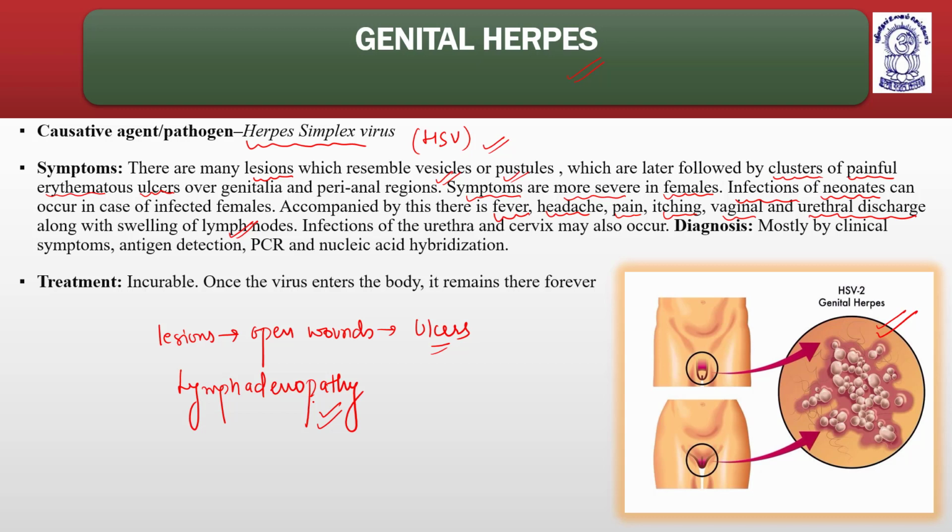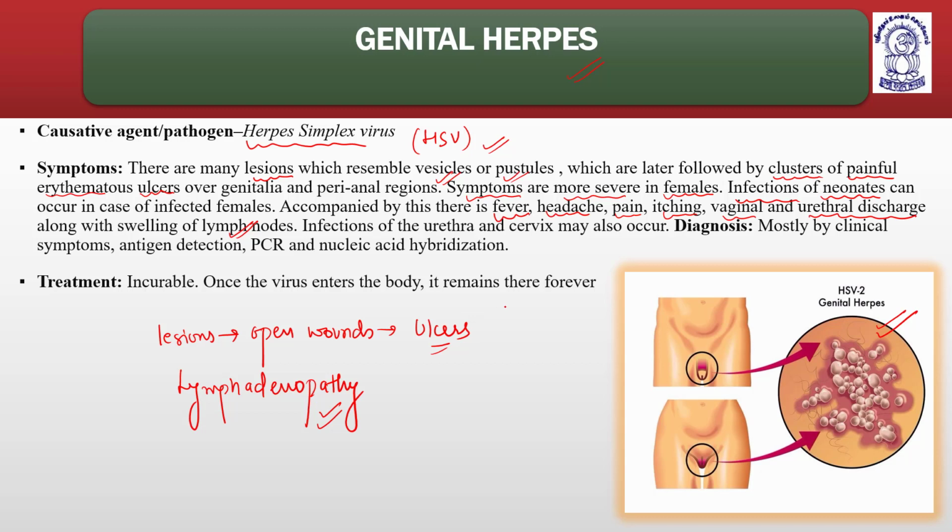Diagnosis is done by clinical symptoms and antigen detection. Antigen detection is done either through ELISA or other methods, in which an antigen antibody test is done, right?